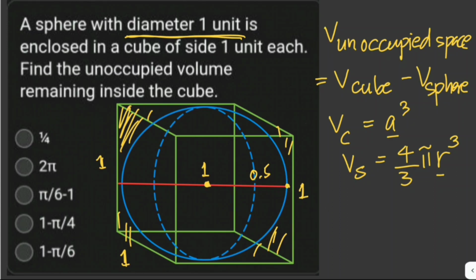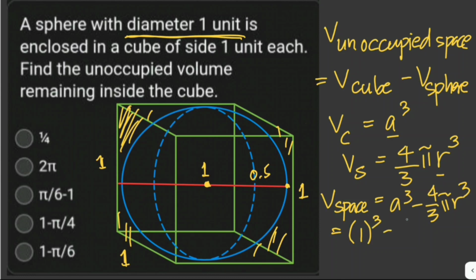And now we can solve for the volume of the space. This is just a cubed minus 4/3 pi r cubed. So we substitute the values. The value of a is 1, so this is 1 cubed minus 4/3 pi, radius is 0.5 cubed.